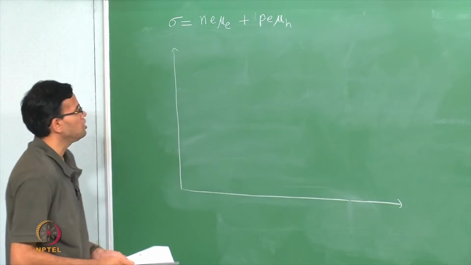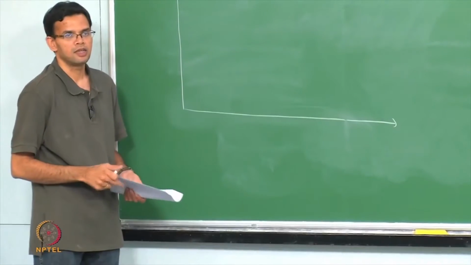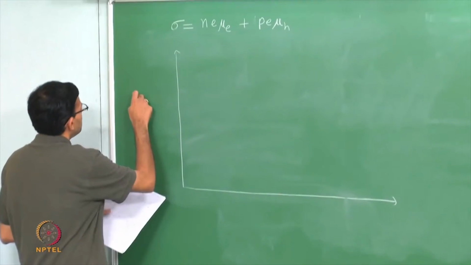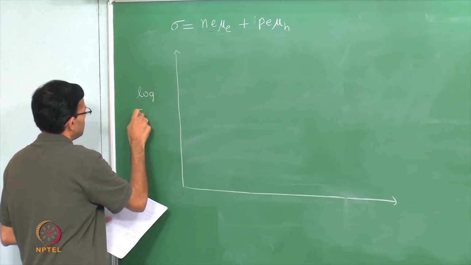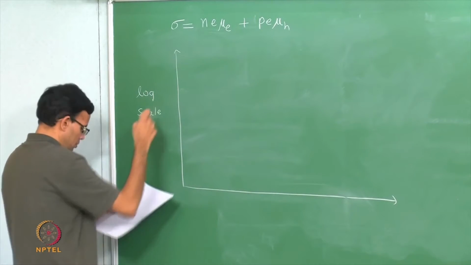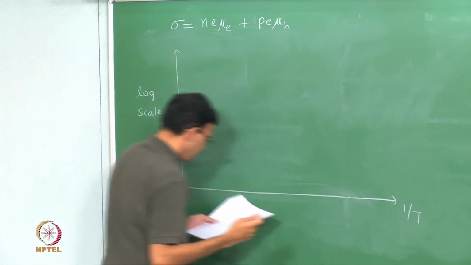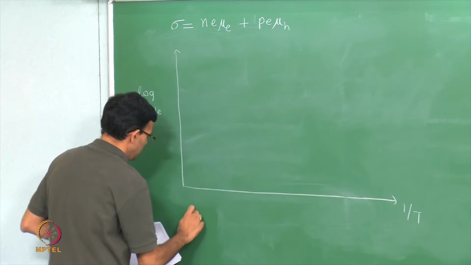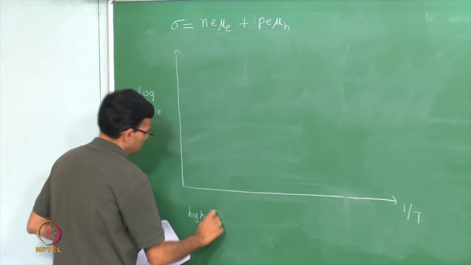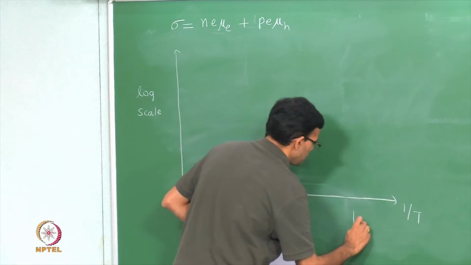So, in this equation, the first thing we look at is the carrier concentration. On a log scale, this is 1 over T. Since this is 1 over T, this end is the high temperature end, this is your low temperature end.